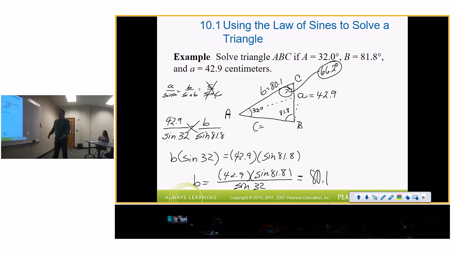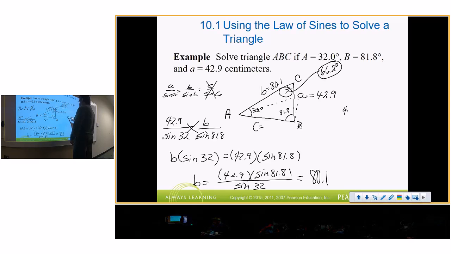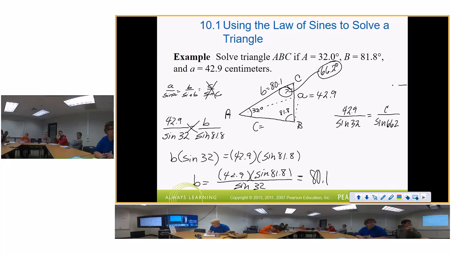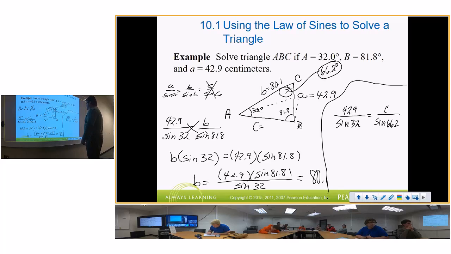So what do you want to pick, A or B? A. So A is 42.9 over the sine of 32 is equal to C over the sine of 66.2. It doesn't matter which one you use?